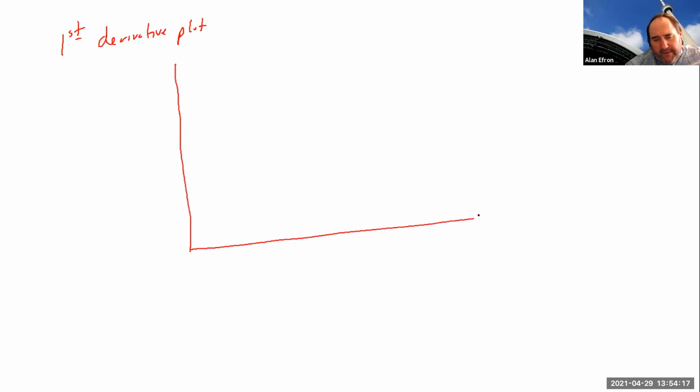You're going to make what is sometimes referred to as a first derivative plot. And what that's going to do for you is help you determine where your equivalence point is, where maybe half your equivalence point volume is.